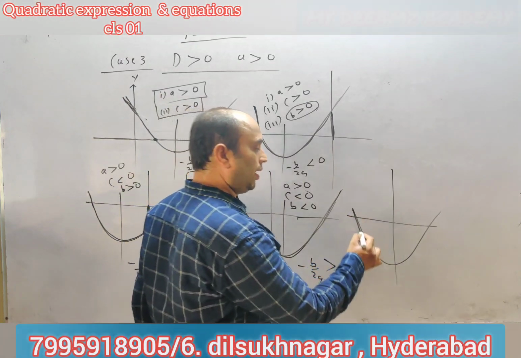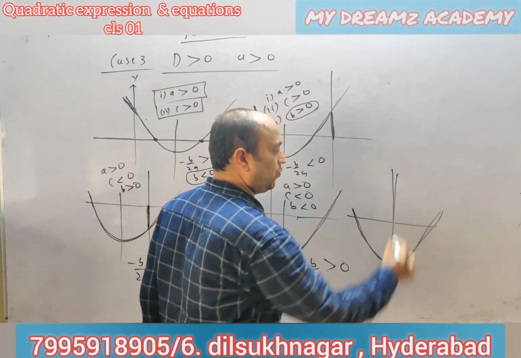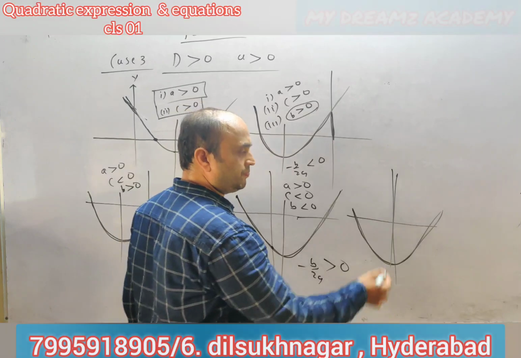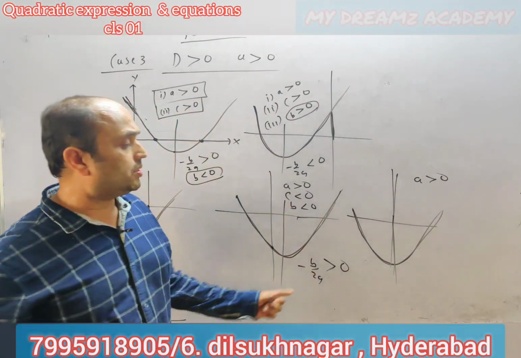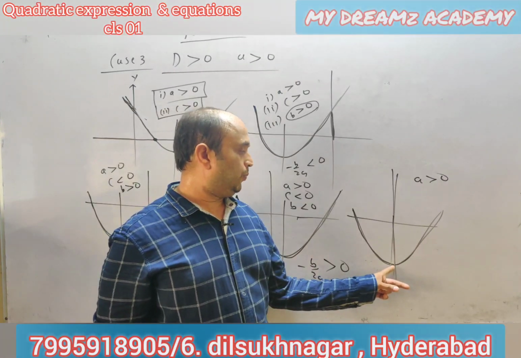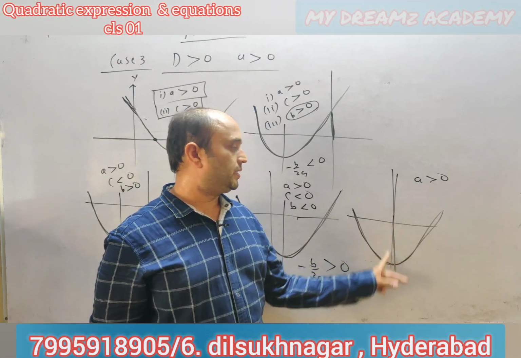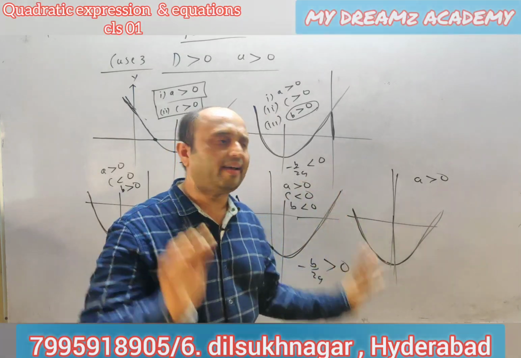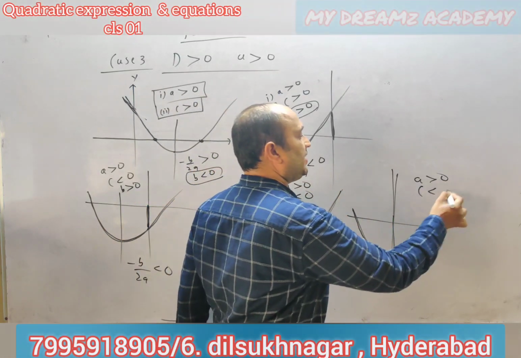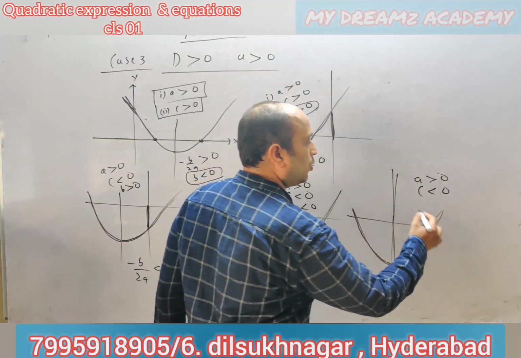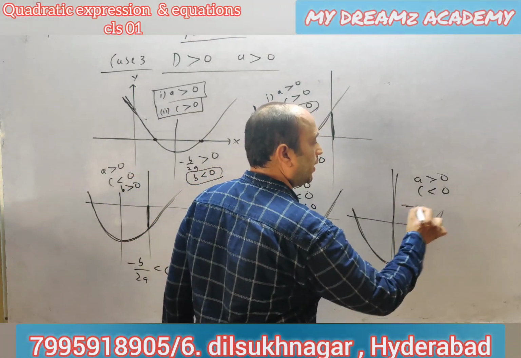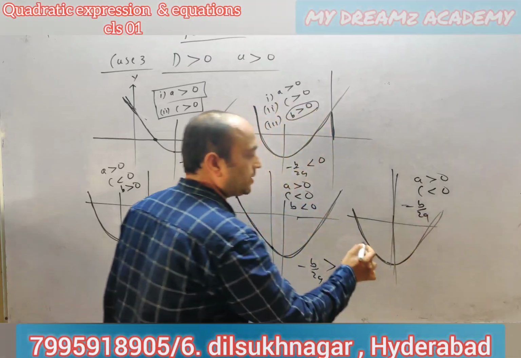Suppose our curve lies on the y-axis. Here, same, a is greater than 0. This intersect point is the y-intercept, and it lies completely on the negative side, so c is less than 0. And what about minus b by 2a? That is the x coordinate.